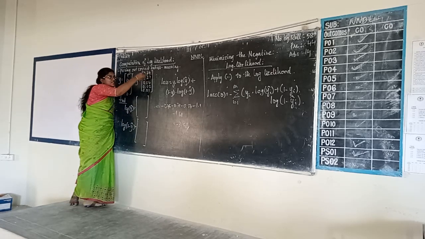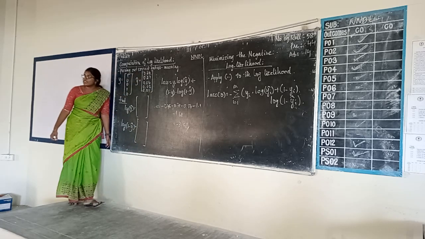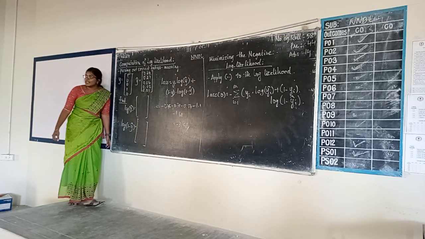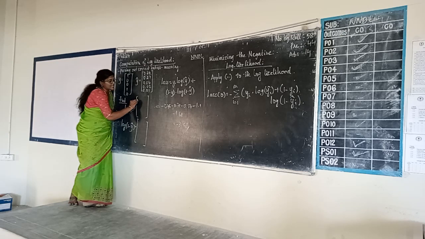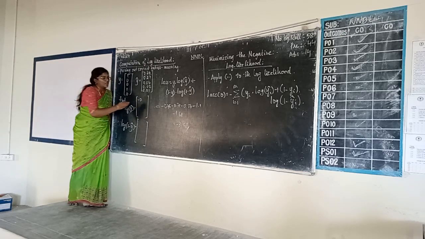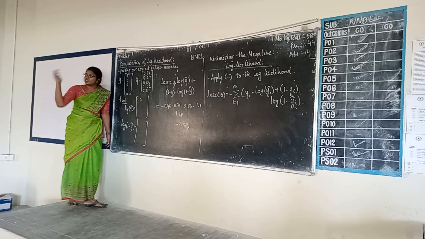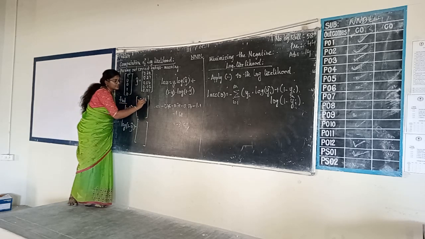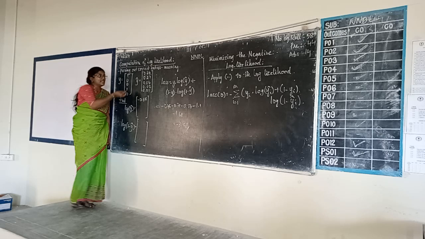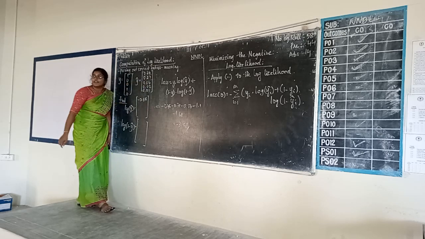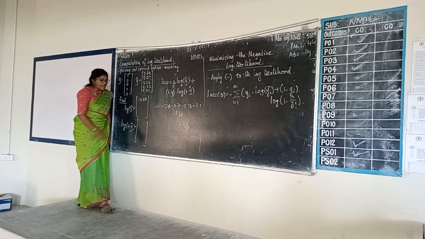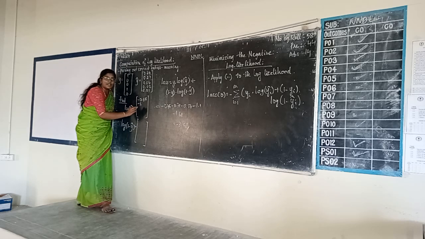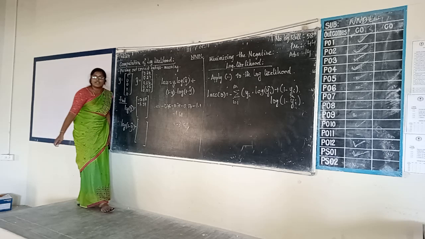First ln of 0.64, the value is minus 0.45. Next ln of 0.27 is minus 1.31. Next ln of 0.04.